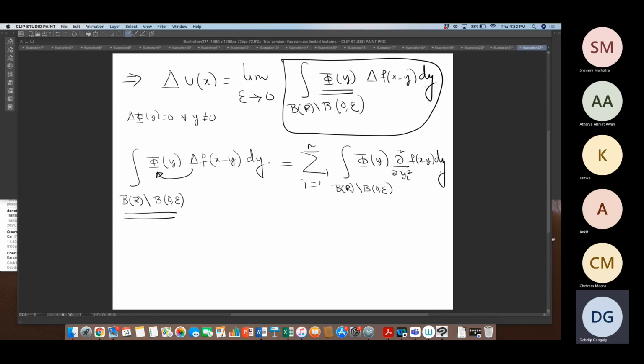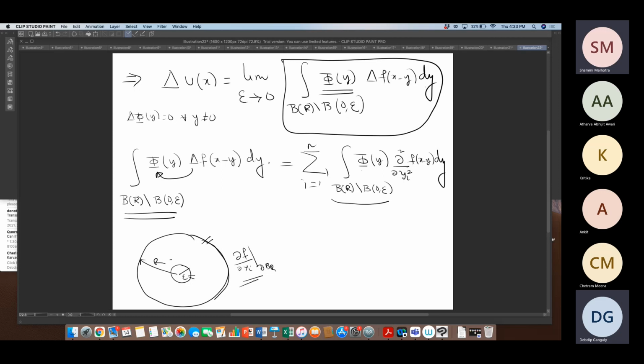I first use the integration by parts. First derivative goes to here. So you have here epsilon, this is R. What is the boundary of this set? It is like the inner and outer two circles. So at the outer boundary, what is del f by del y?